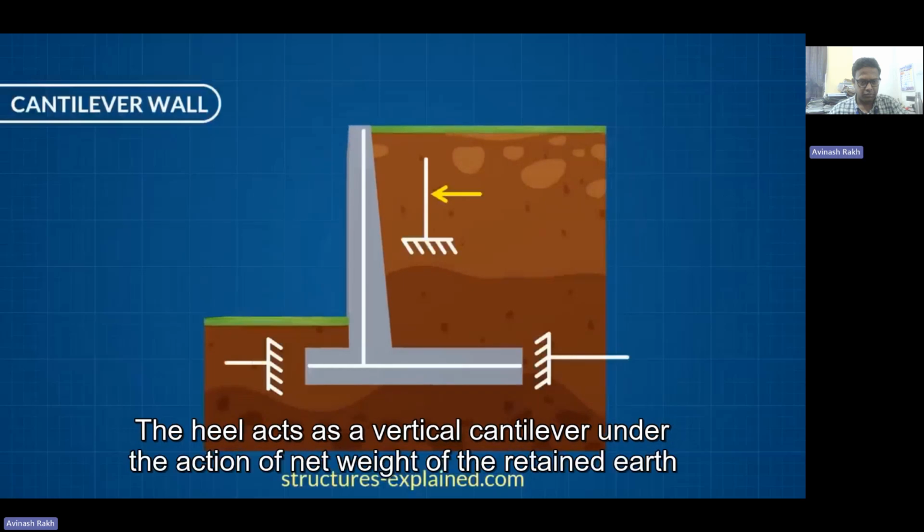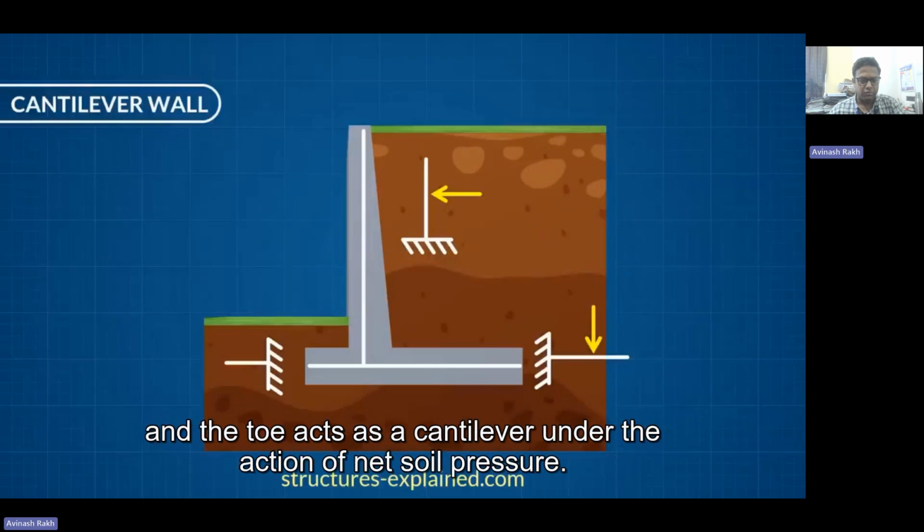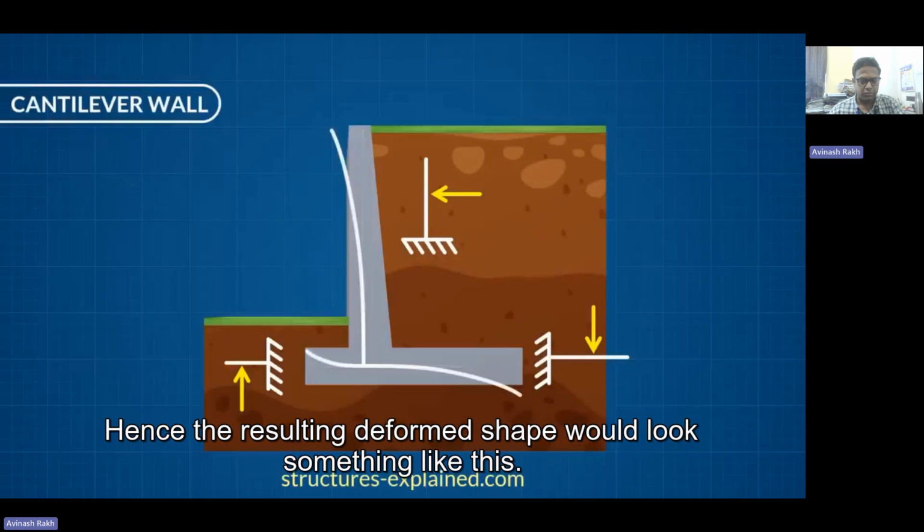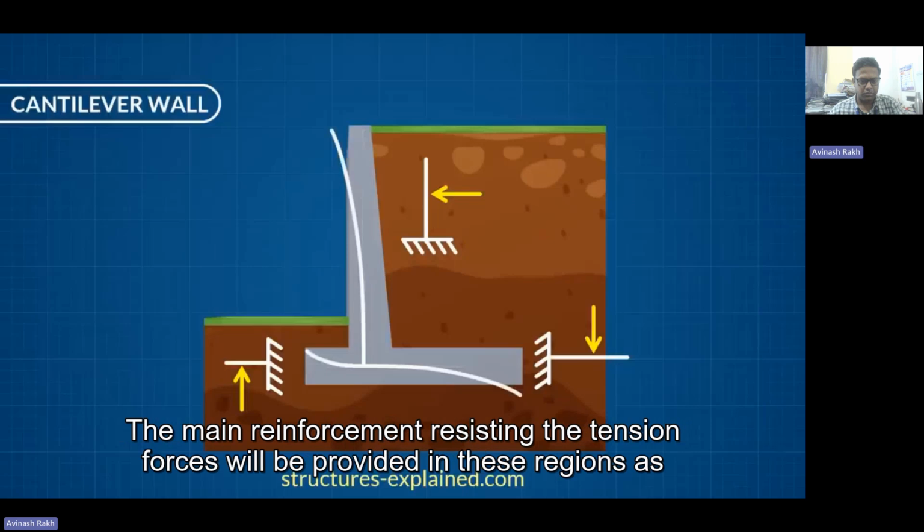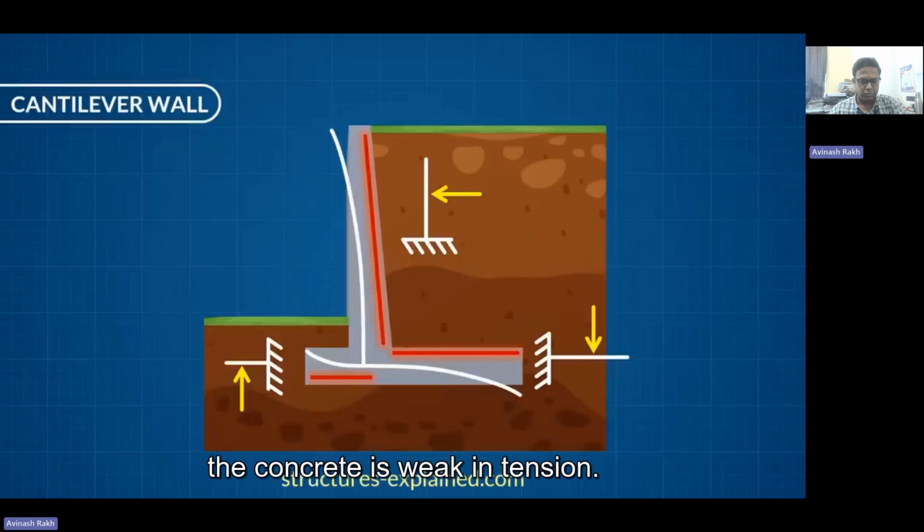The heel acts as a cantilever under the action of net weight of retained earth, and the toe acts as a cantilever under the action of net soil pressure. Hence the resulting deformed shape would look something like this. The main reinforcement resisting the tension forces will be provided in these regions as the concrete is weak in tension.